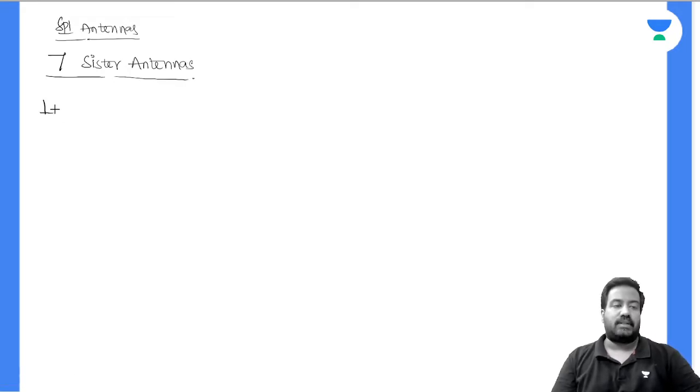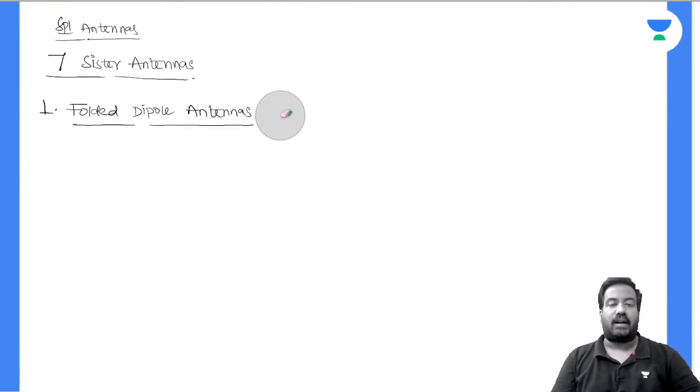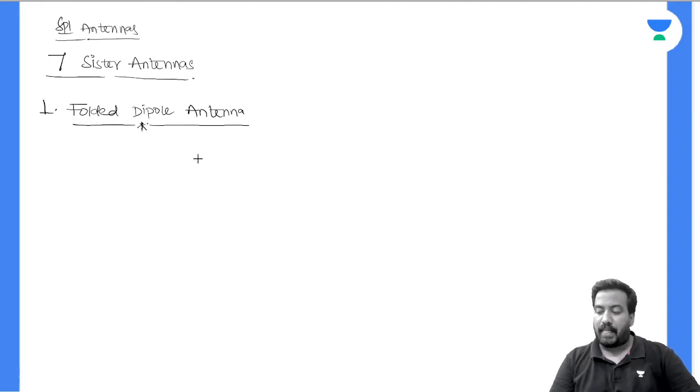In the seven sister antennas, the first antenna is the folded dipole antenna. It is nothing but two half wave dipoles kept in parallel, which gives you a folded dipole antenna.